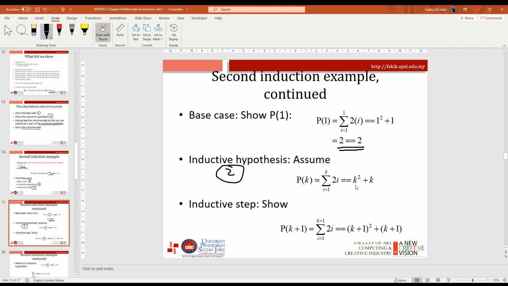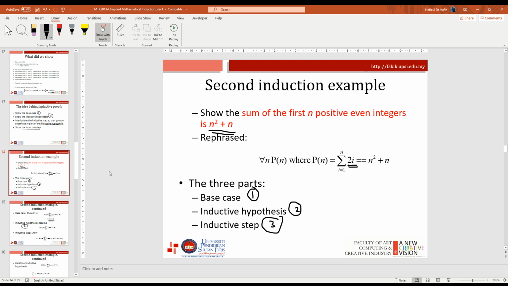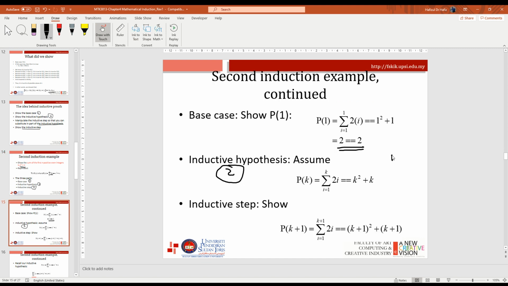The sum of 2i is equivalent to k power of 2 plus k, because we want to replace this one n power of 2 plus n. Okay, we replace by k.